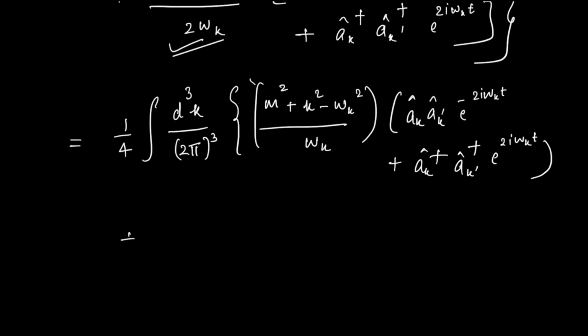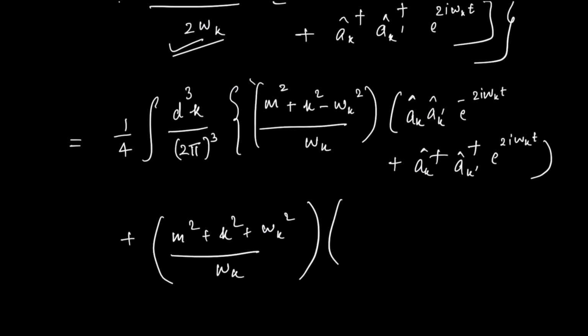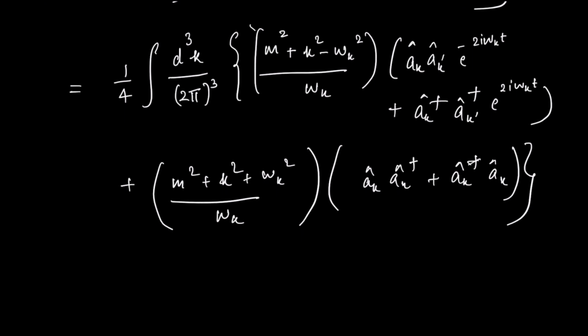and m square plus k square plus omega k square by omega k, multiplied by ak dagger plus ak dagger ak. But we have already seen that E square is equal to m square plus k square, which is equal to omega k square, right?